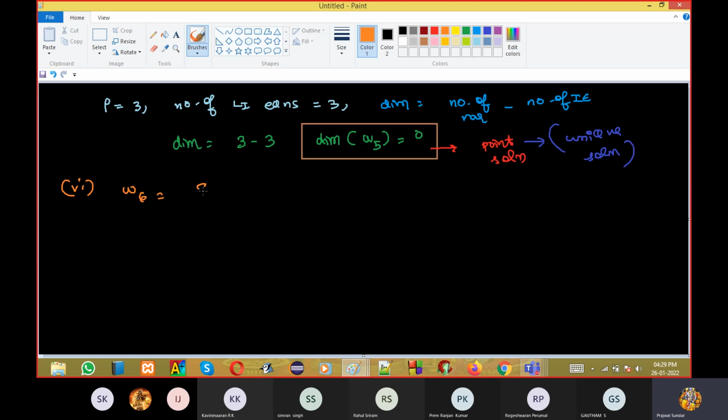I'm getting W6 as x, y, z for all x by 2 equal to y by 3 equal to z by 5. Please do this.